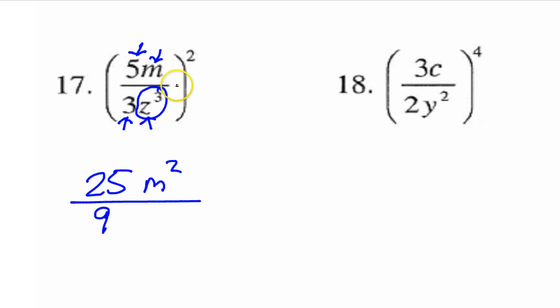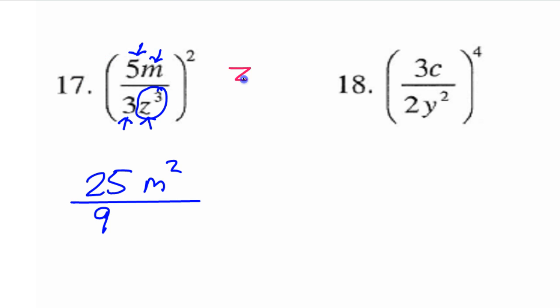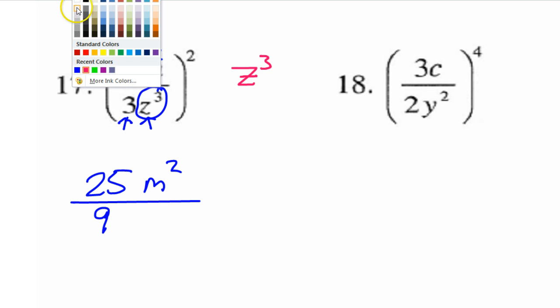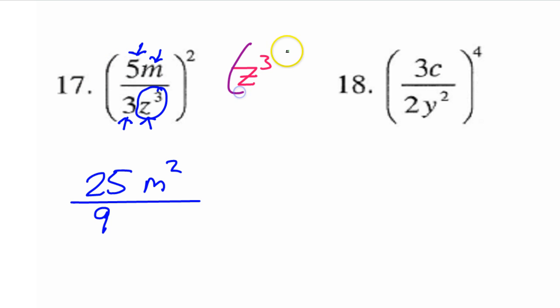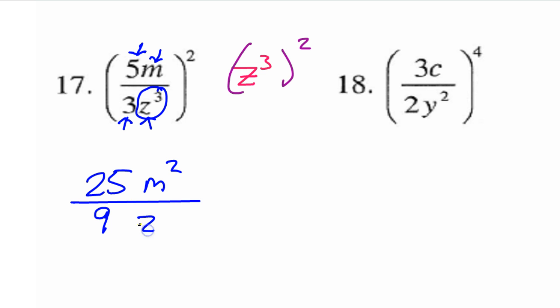And z to the 3rd squared. Okay, remember? I said z to the 3rd power. If you then square it, power raised to a power, you multiply. So that is going to be z to the 6th power.